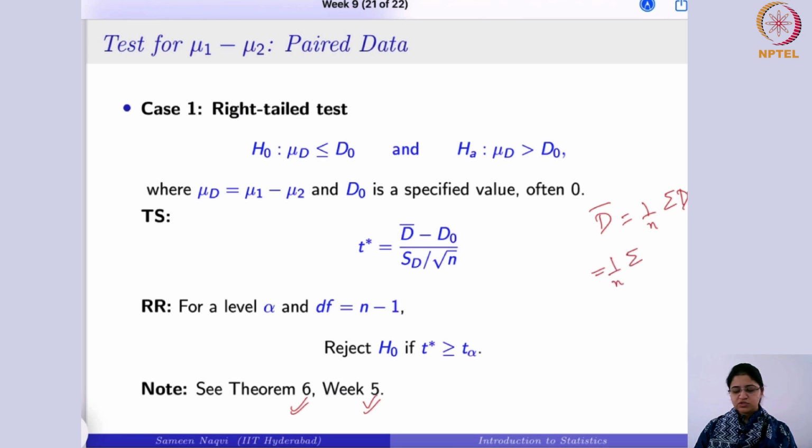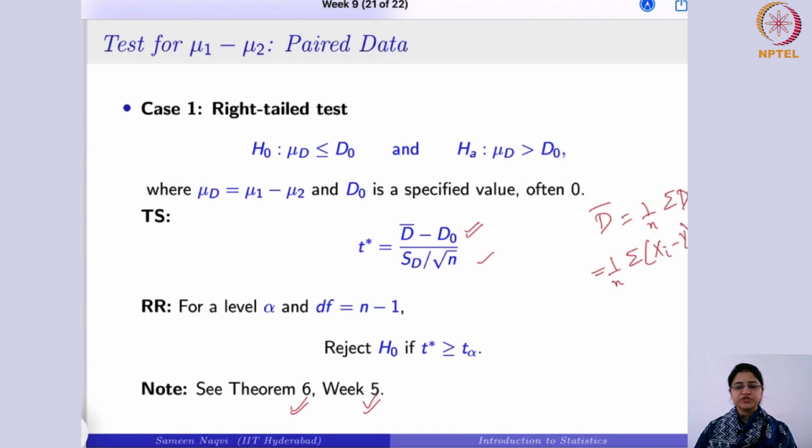They are the differences between xi and yi. So you will first take the difference and sum it over the n possible values, and then divide by n, so you will get the average. And d naught is basically the difference of the two population means, mu1 minus mu2 under the null hypothesis, and you divide by this standard error and you get your test statistic.